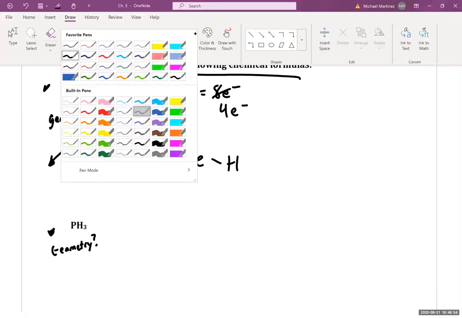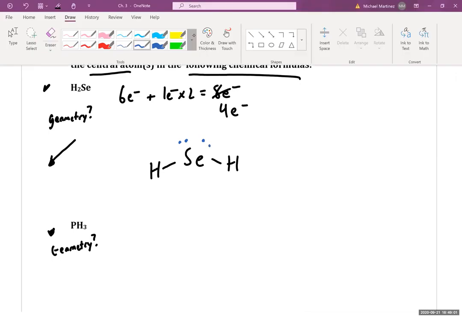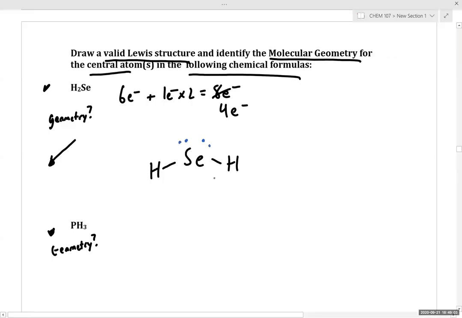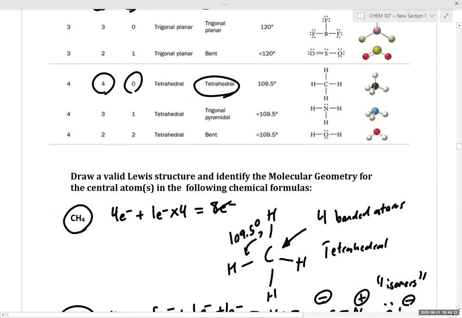We place our remaining lone pairs on selenium, and lo and behold, our structure has fulfilled the octet rule. As we see on selenium, we have 2 bonded atoms and 2 lone pairs. Following our table, if we have 2 bonded atoms and 2 lone pairs, we have a bent molecular geometry.